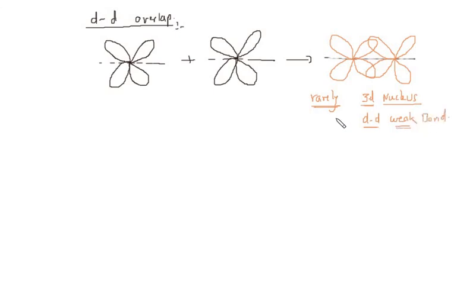Okay, so we have studied that there are generally 3 types of pi bonds formed: one by pp overlap, one is p pi d pi overlap, and the last one is d pi d pi overlap. Okay, so this is all about the formation of pi orbitals by sideways, lateral or parallel overlap.